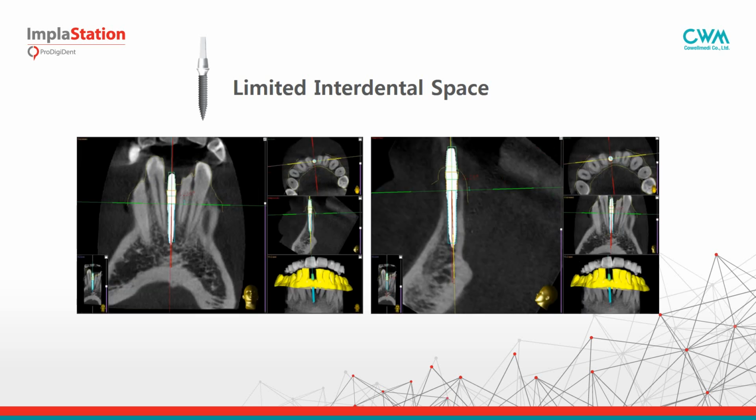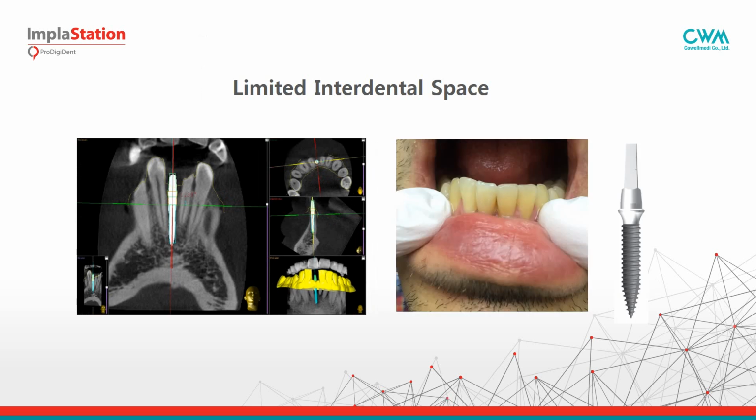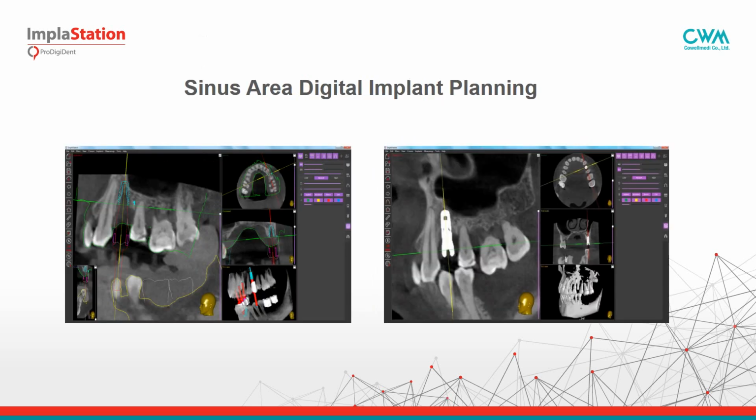This is a post-operative image and you see the implant installed quite accurately. I think it would be impossible to do without a surgical guide. In this case, the volume is limited not only by the neighbor teeth roots but also by the bottom of the sinus.